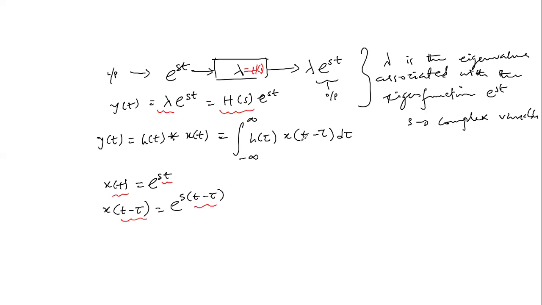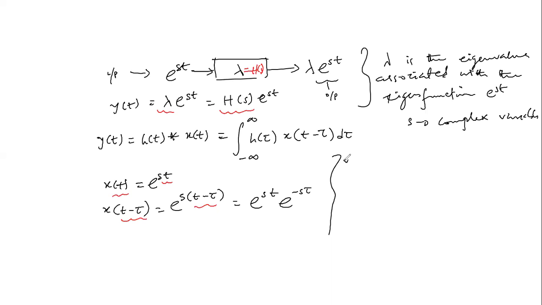So once we plug that into this expression, what are we going to get? You should also note that this expression, if you recall your laws of indices, is the same as e^(st) times e^(-s tau), right? So we are writing the same thing. We can plug this expression into y of t and come up with the expanded form.